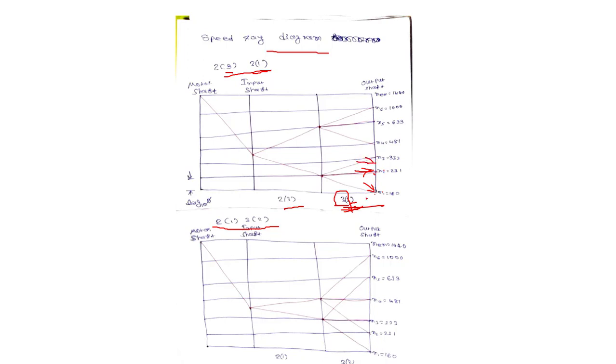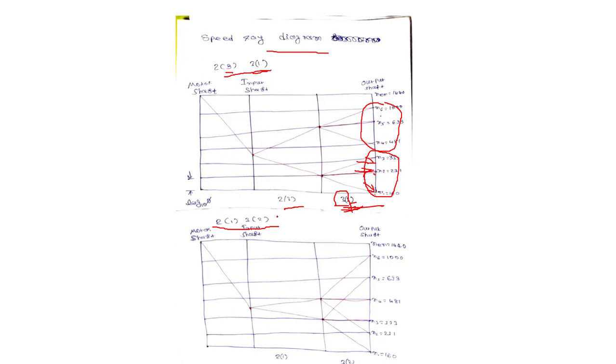So these 3 are paired, and this is one group of 3 with a gap of 1. The next group with a gap of 1 is n4, n5 and n6. So we have 2 groups of 3 different speeds.